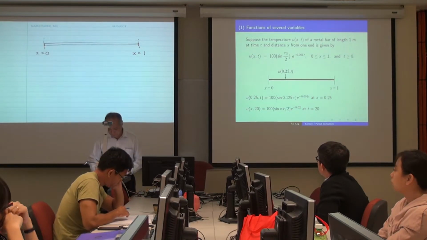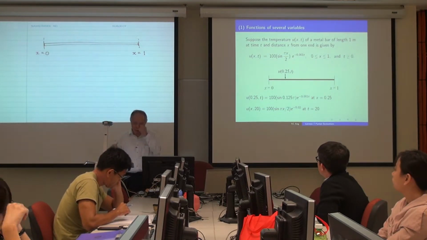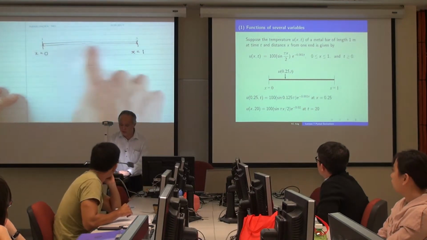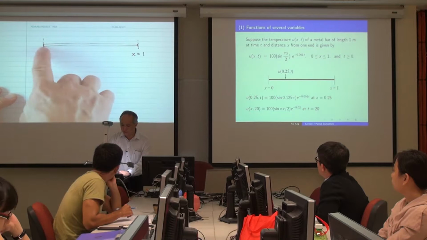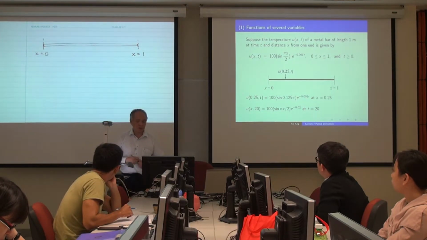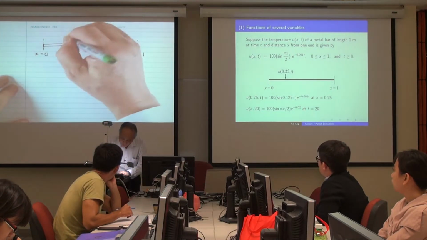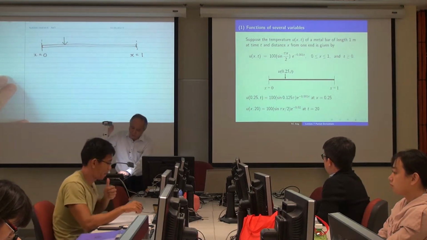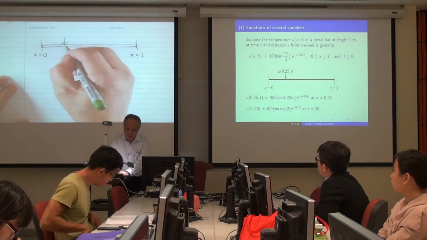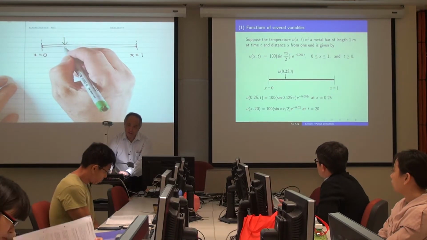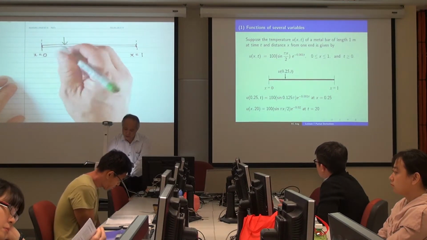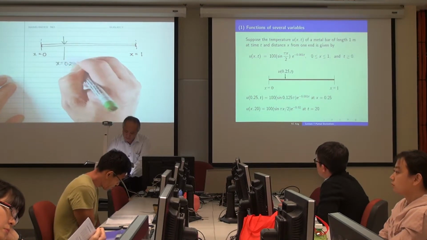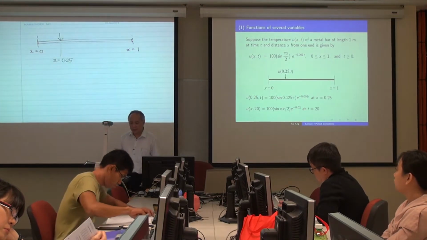This metal bar will have its temperature measured along its positions from x equals 0 to x equals 1. At any point in time, if you put your probe at a point to measure its temperature there, you are fixing the position. For example, the position may be x equals 0.25.